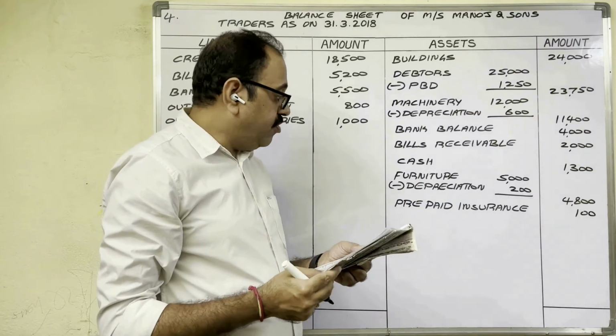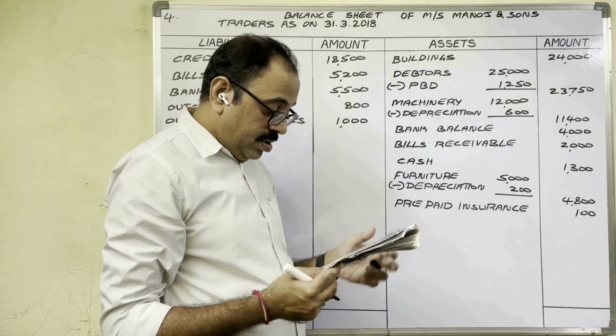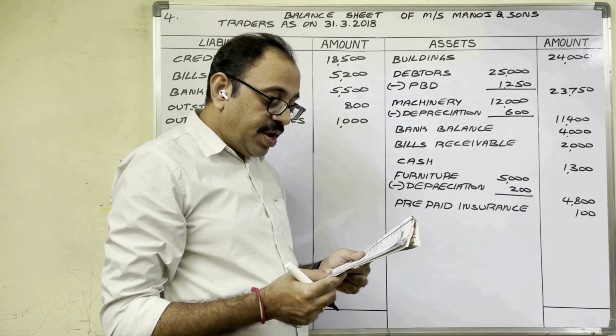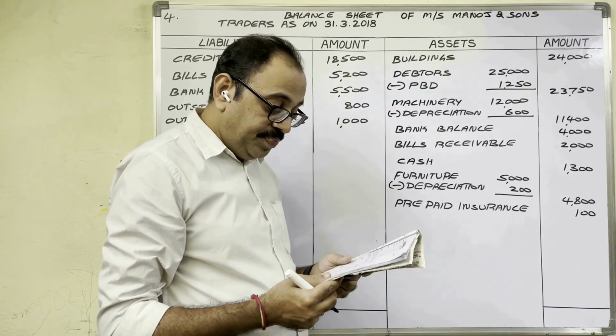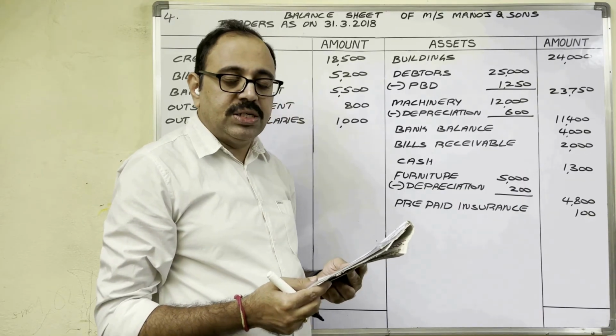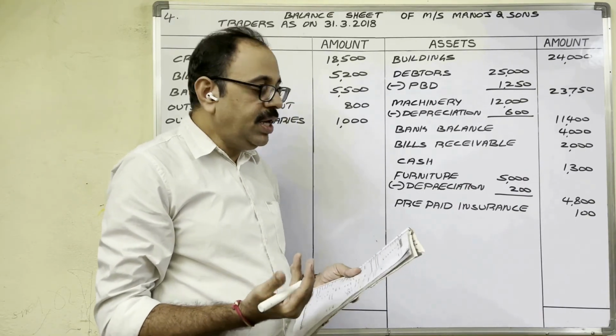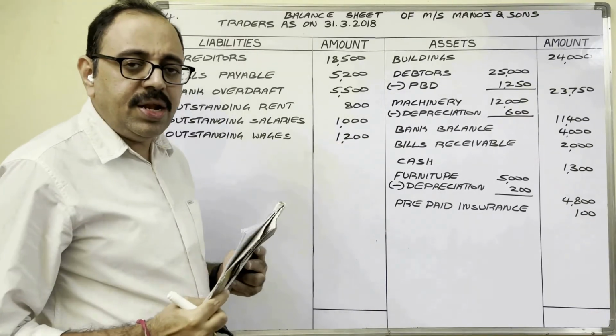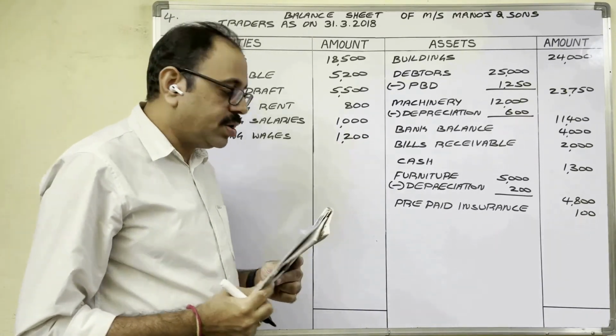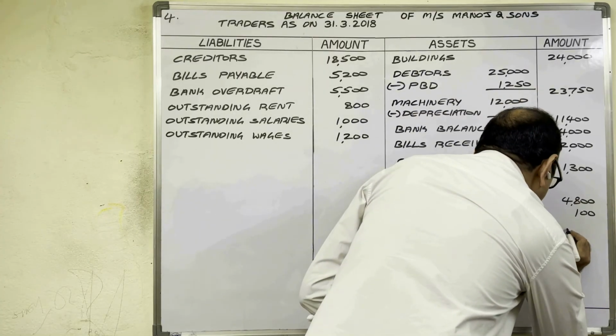Create 5% provision, completed. Depreciation on furniture 200 and machinery 600, completed. Outstanding wages we have to pay. It is a liability. Liability side 1200 rupees. Finally, asset side show the closing stock 9,000 rupees.